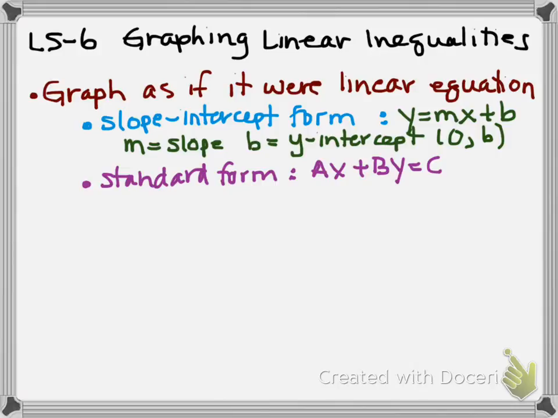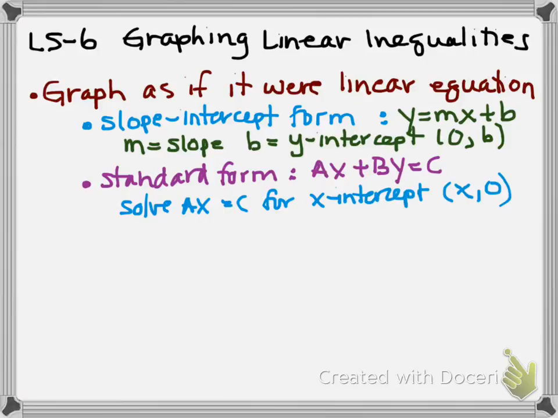So what you're going to do is solve ax equals c for the x-intercept. And the reason why we do that, why the y disappears, is because the x-intercept has a y-coordinate of 0.